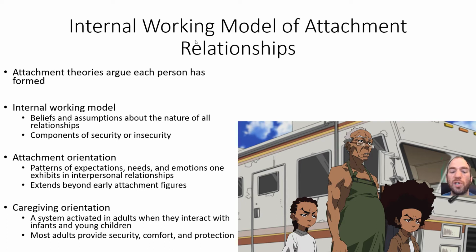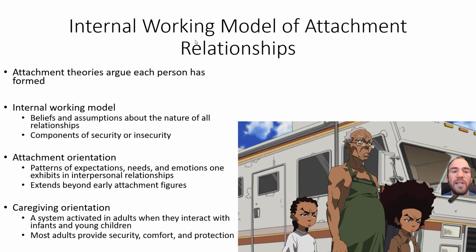Most adults provide security, comfort, and protection. So basically the argument here is that through interactions with their attachment figures, and it's just a mother, it could be father, extended family members, or other attachment figures that develop throughout childhood, and even when we're not going to cover it in this class, when you reach adolescence, your attachments include peers as well.